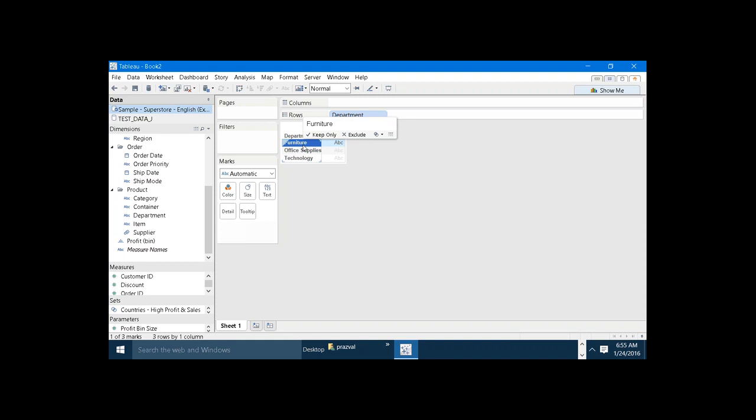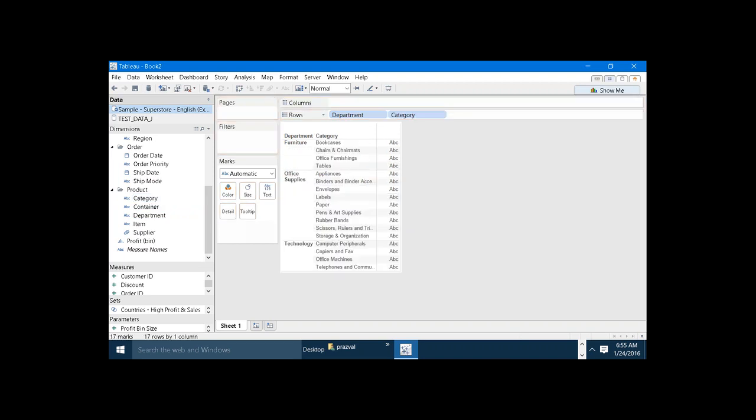So the categories won't change. They come from the same department. Similarly, if you take laptops, the laptops always come under the technology department. So the department comes under unchanged dimension. Next, here we have one more dimension called category. So what is category? This category is the shrunken dimension of the department.